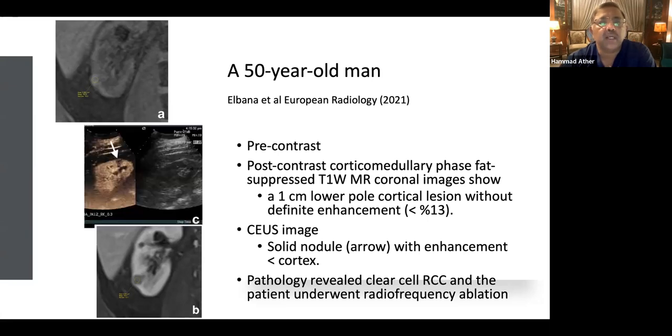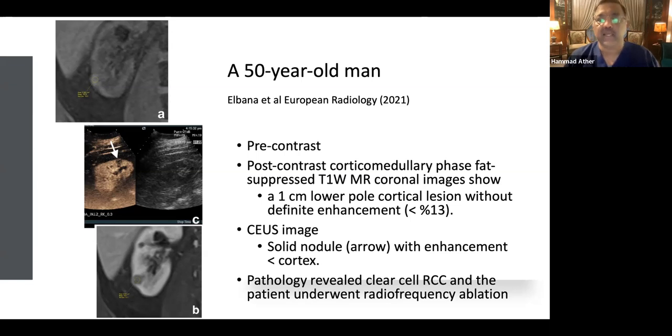Contrast-enhanced ultrasound, on the other hand, clearly shows contrast enhancement different from the parenchyma, significantly more than the normal cortex. And this is quite clearly suggestive that this lesion is malignant.